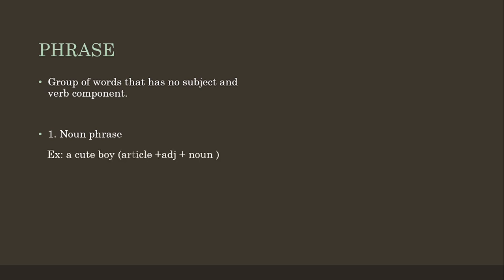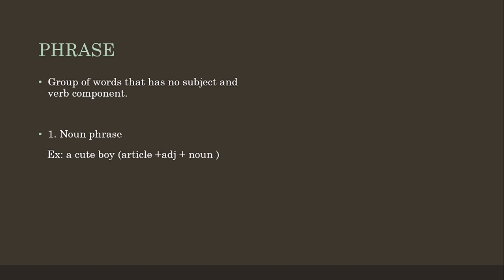For example, if you find a group of words, a phrase like this, a cute boy, the first thing you have to find is which one is the head noun: a, cute, or the word boy. In this phrase, a cute boy, the head noun is boy.